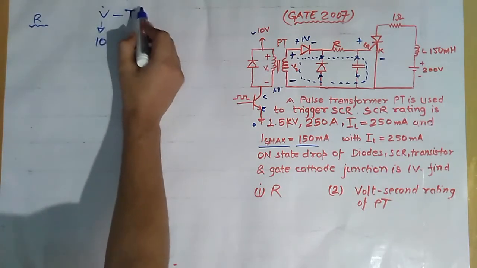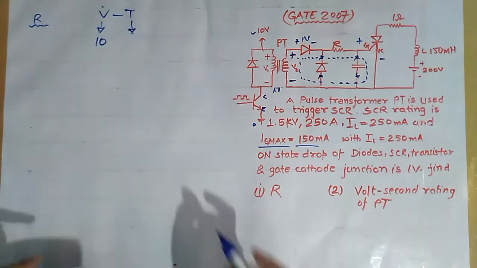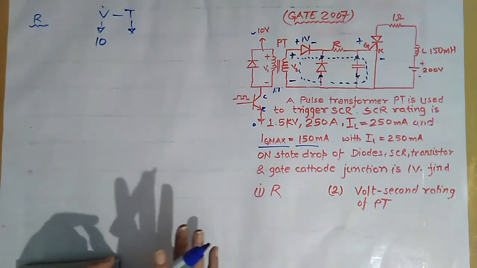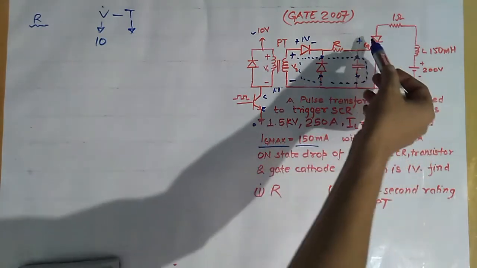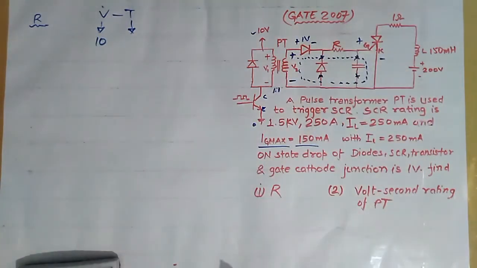What is time? This time is the time for which the gate pulse is applied. We have to apply the gate pulse till the thyristor gets turned on, and the thyristor will turn on when the anode current reaches the value of the latching current.